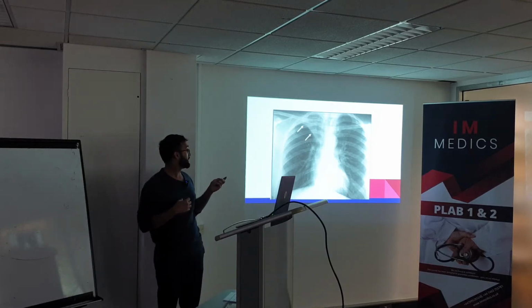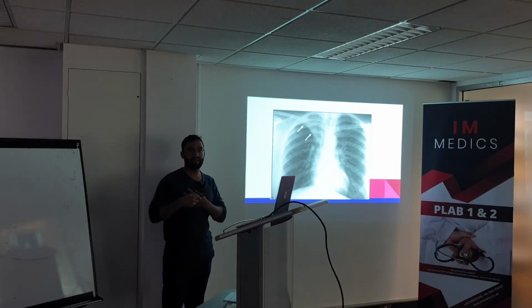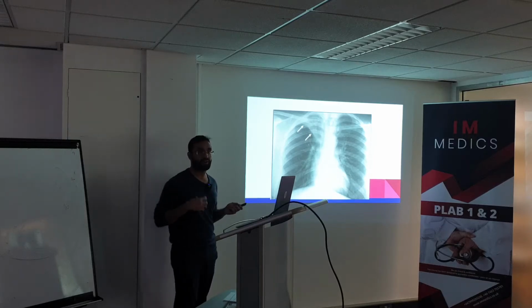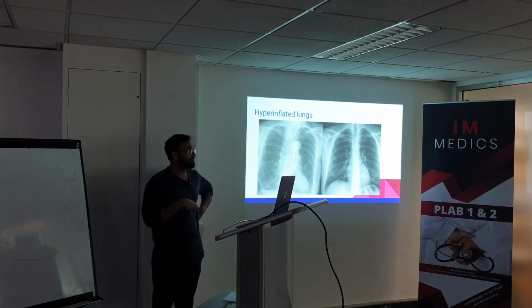Okay, so this is called the Golden S sign, where you have complete collapse. This is the S here. And in this gentleman, he had a tumor around this area that caused the apical part of the lungs to collapse. And here, what we have is a normal X-ray.